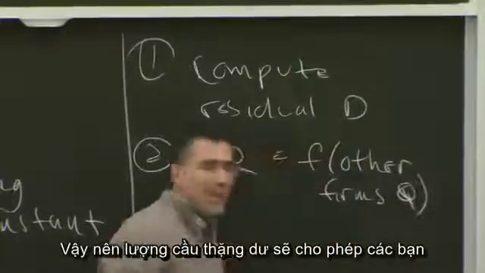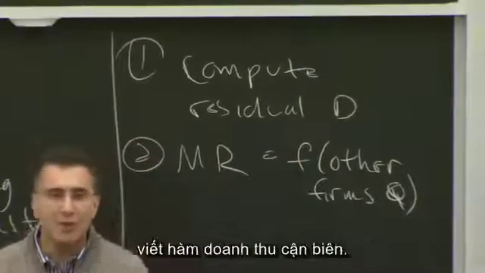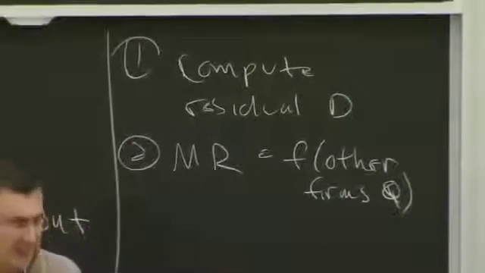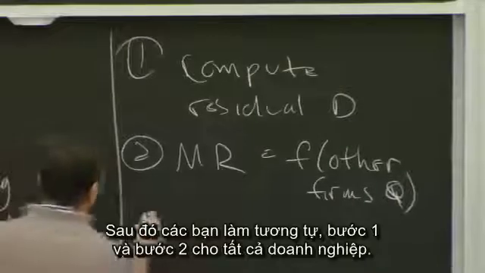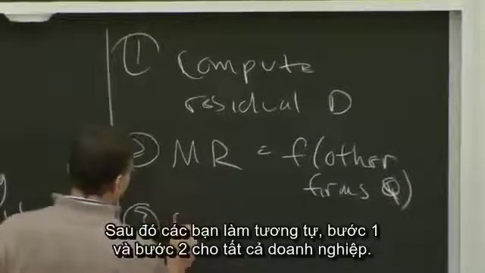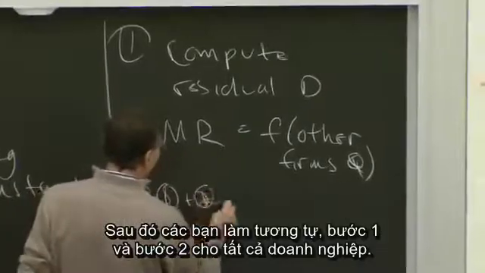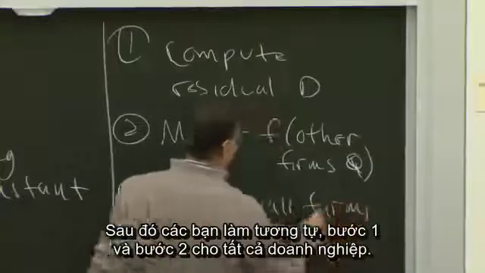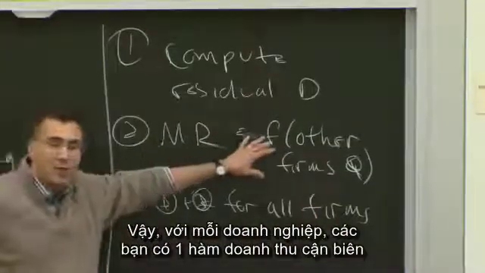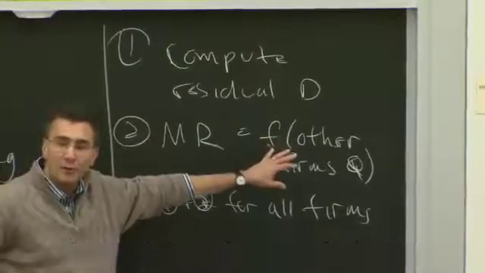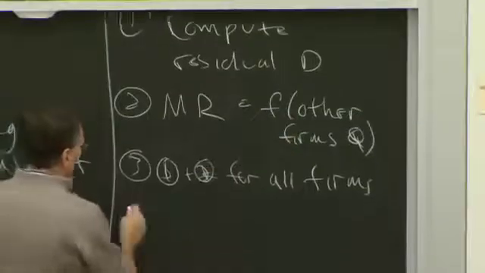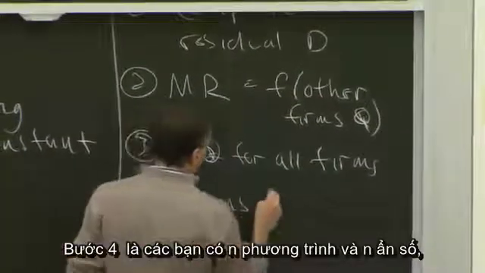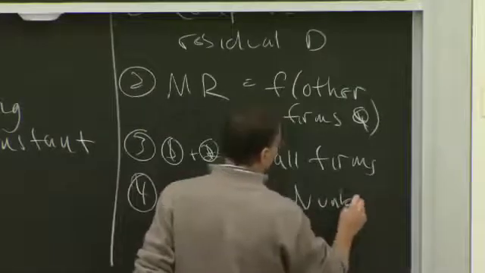Then you do steps 1 and 2 for all firms. So for each firm, you end up with a marginal revenue function that is a function of all of the firms' quantities. And then step 4: you have n equations in n unknowns, and you solve.